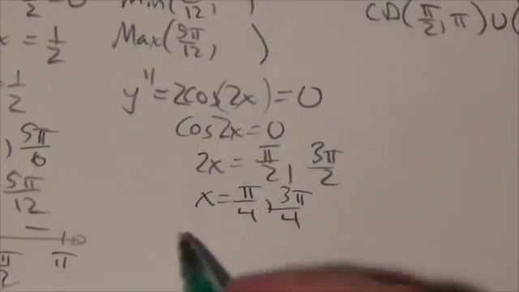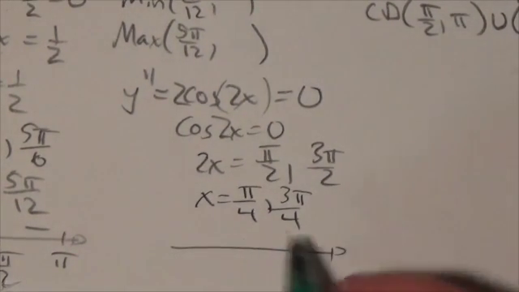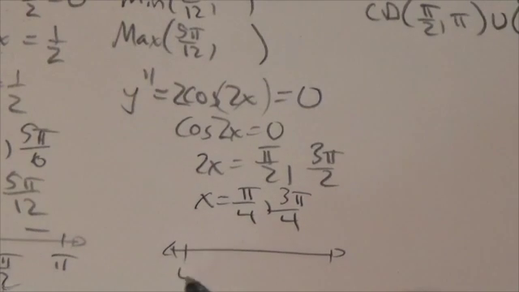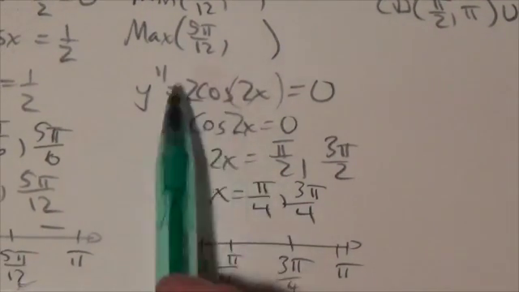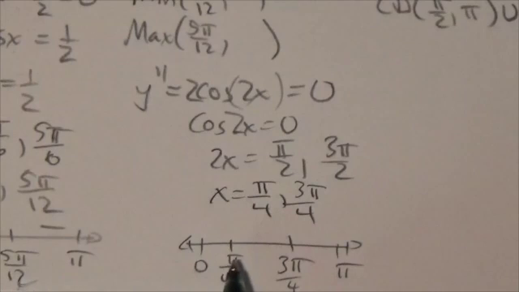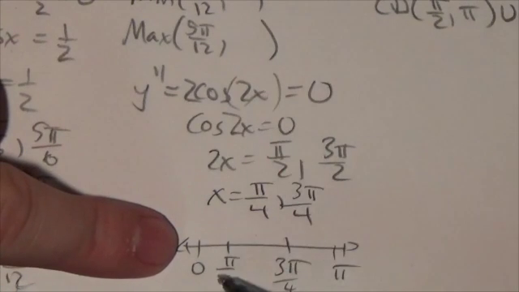Now I'm going to take a look at this interval between 0, pi over 4, 3 pi over 4, and pi. And once again, I'm curious about what's going on here. If I choose a number less than pi over 4, when you multiply pi over 4 by 2, you're going to get pi over 2.